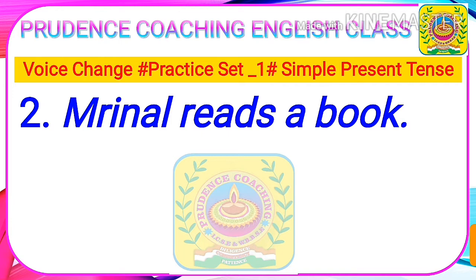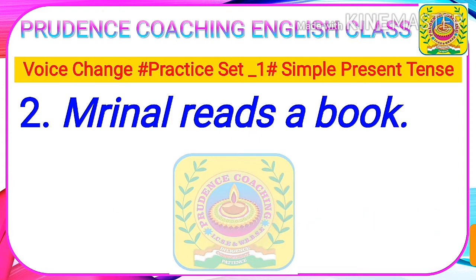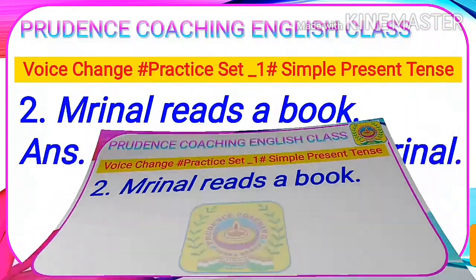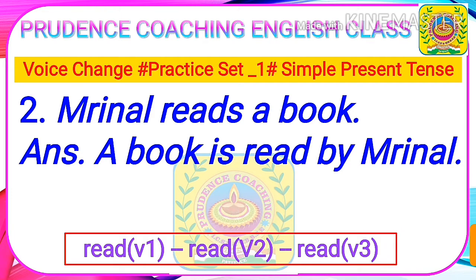So a book is, after that we need to write the V3 form of the given verb, so reads will become read. So our final solution will be, a book is read by Mrinal. I think students, you all have got this question correct. So let's move to the next one.